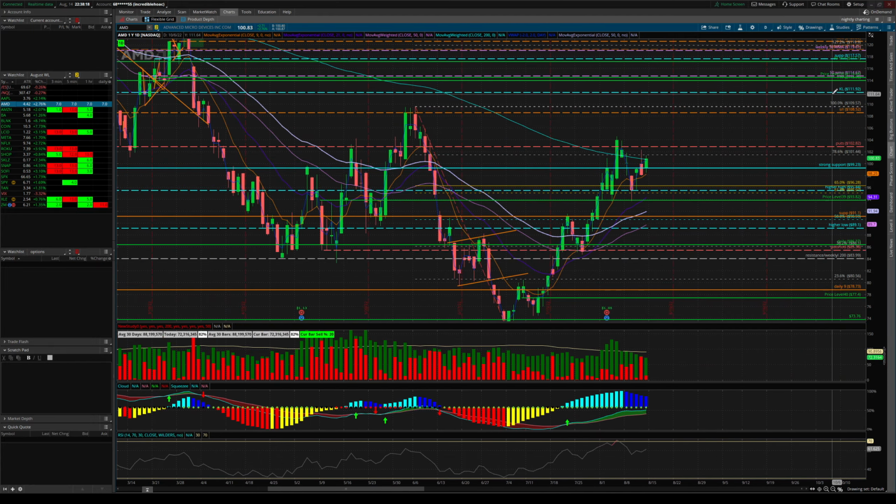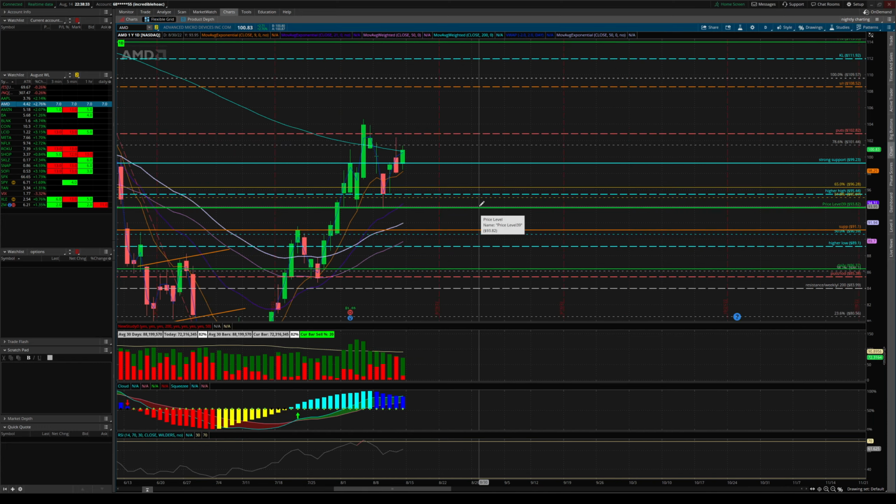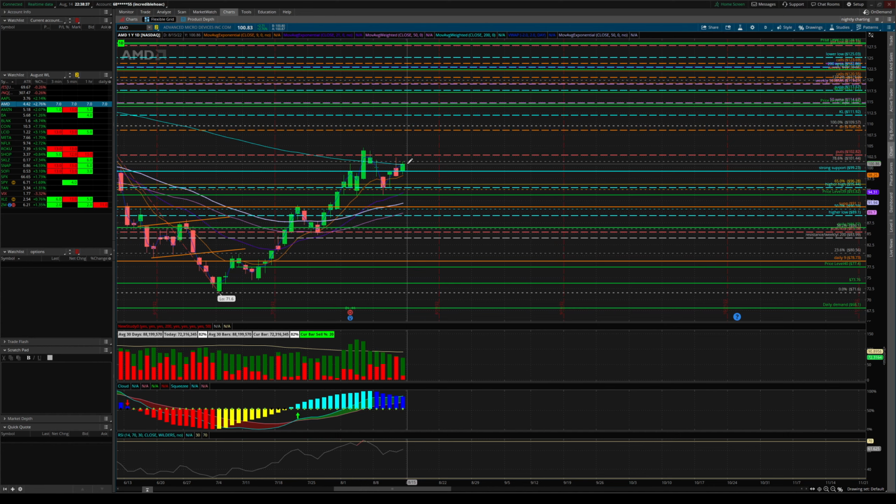It's a lower high, right? So if we can hold the 200 and hold 101.44, I would see a new target of 109.57, right? So it's a little bit overbought, but we are at a key level here. That's just going to be something that I'll just keep watching.